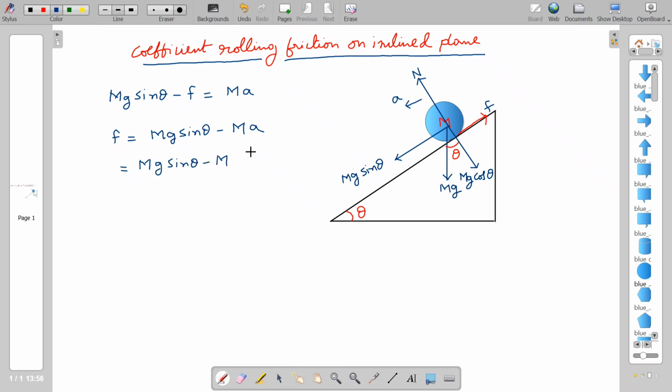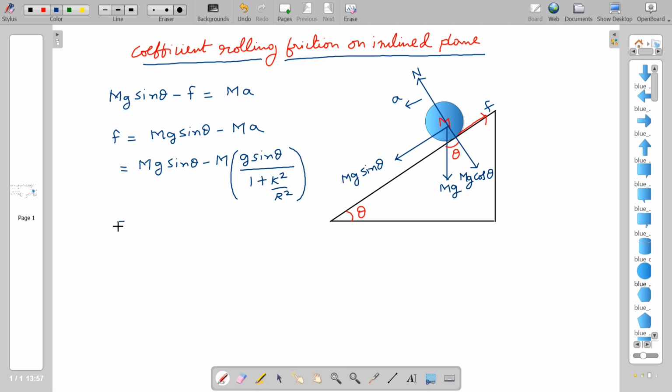In the previous video we found acceleration is equal to g sin theta by 1 plus k square by r square. So here k means radius of gyration, r means radius of this rigid body.